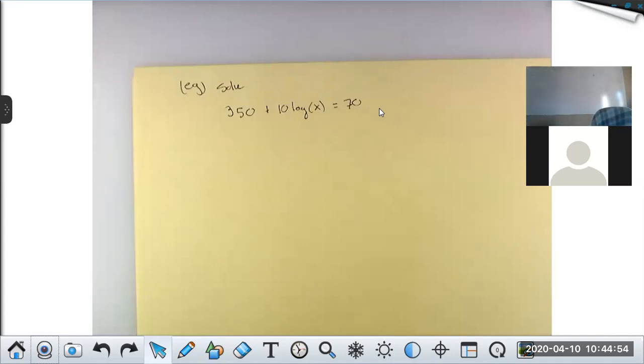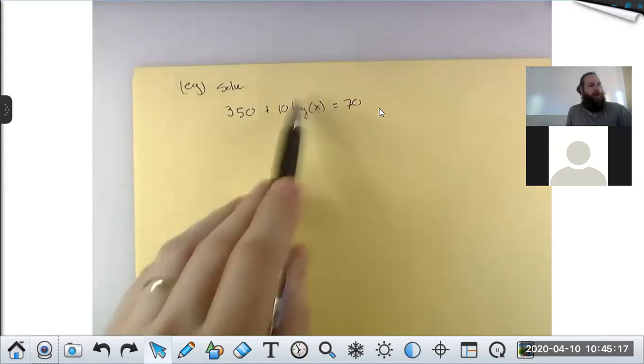My goal, remember from the end of class yesterday, is to get this down to a simple logarithmic equation where I've got the log of some variable stuff equals some constant so that I can exponentiate. So in other words, I want to isolate this term.